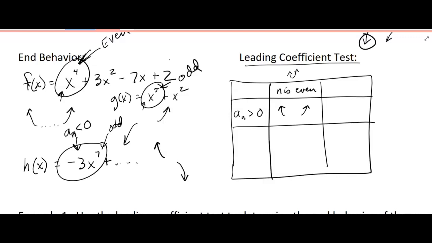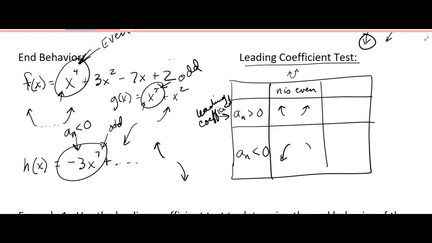A lot of times textbooks and questions will just write those little arrows. Sometimes I'll write it out in words, up to the left and up to the right, but I like to just use the arrows. If a sub n, the leading coefficient, is less than 0, then it's going to reflect.